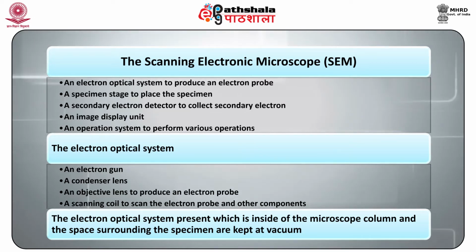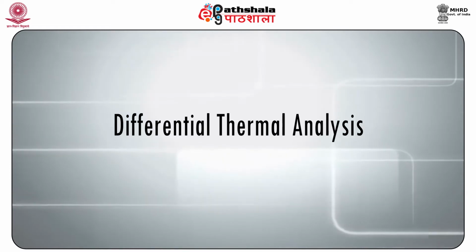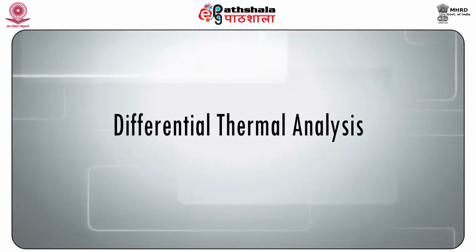The electron optical system consists of an electron gun, a condenser lens and an objective lens to produce an electron probe, a scanning coil to scan the electron probe and other components. The electron optical system, which is inside the microscope column, and the space surrounding the specimen are kept at vacuum. Then we have differential thermal analysis.